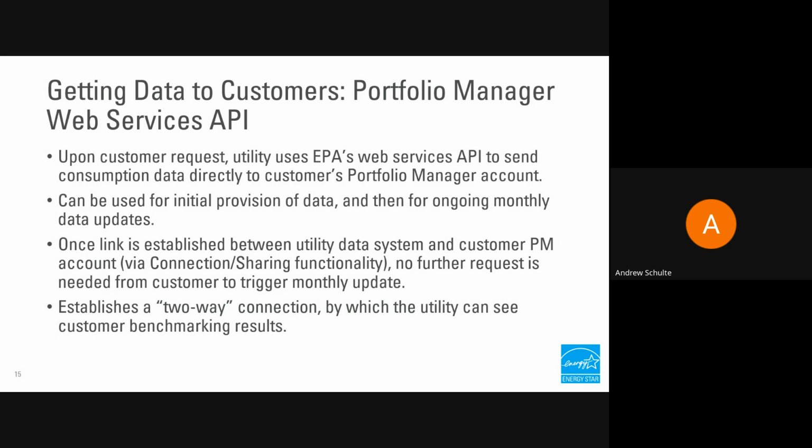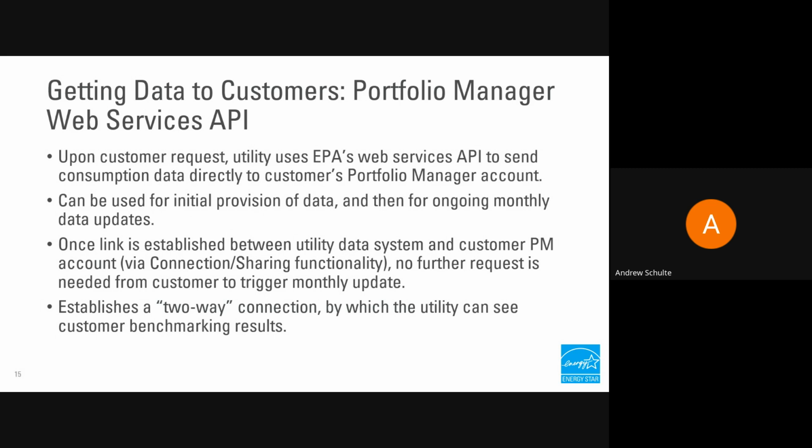I also want to note, we'll talk about this a little bit later, that the way that you execute the handshake between the utility system and the customer means that there's a two-way connection between the utility and the customer's Portfolio Manager account, which means that not only are you sending data to them, but if this is something that you want to do, you have the ability to also see data in their Portfolio Manager account and pull back that information.